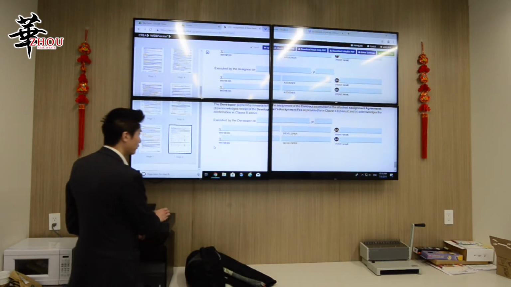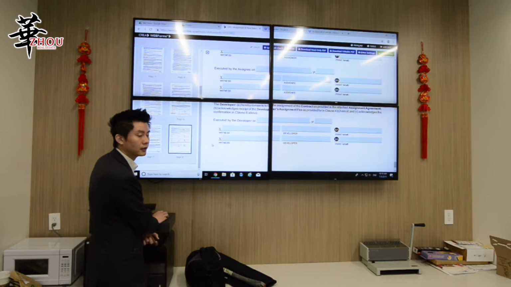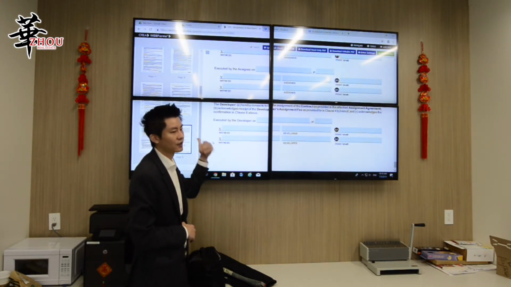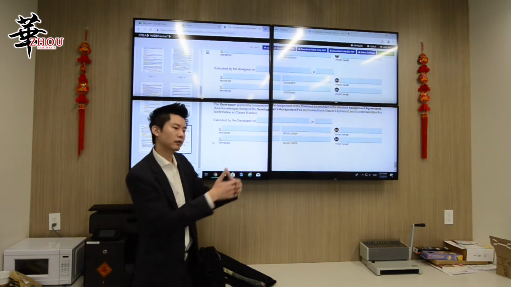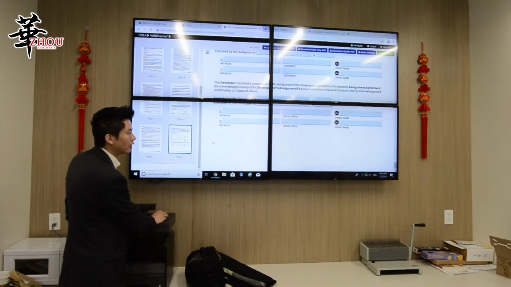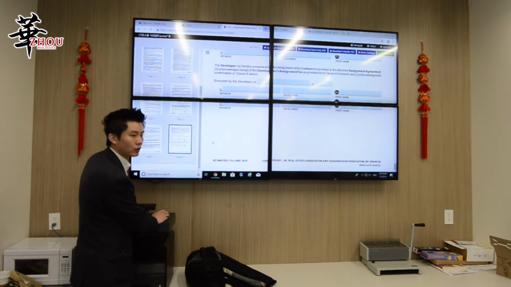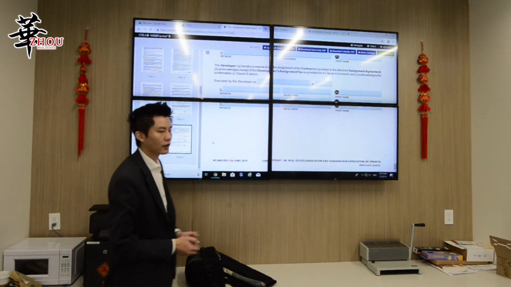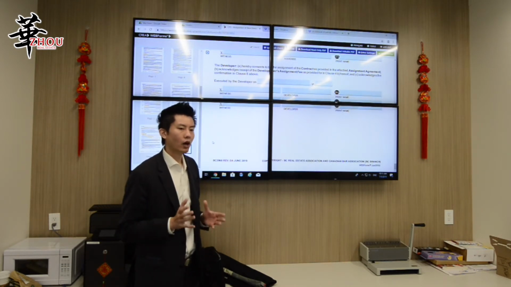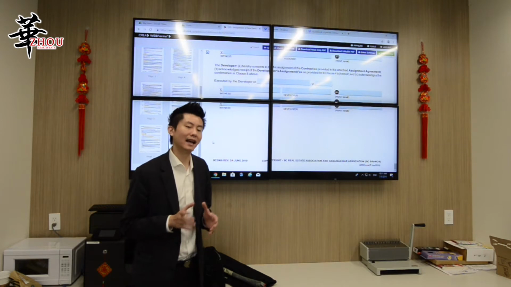So there's a lot more information you have to provide. When do you get that? After you send this agreement to developer, they will send everything back to you saying, please fill in all this information. And then after that, you fill in everything, you send it back to the developer, and developer will sign and email you back. And normally, they will ask for a copy of your client's ID.